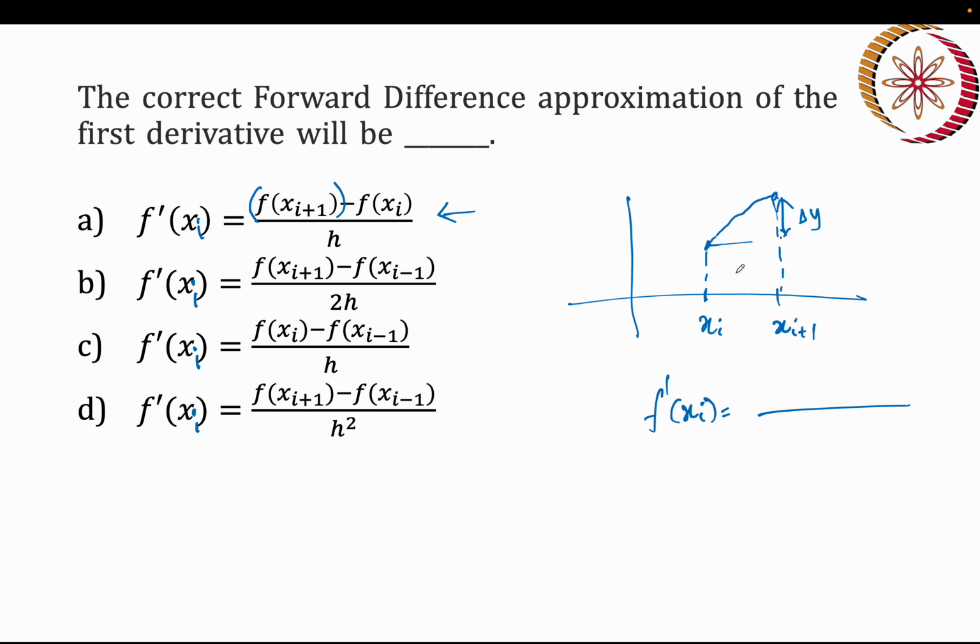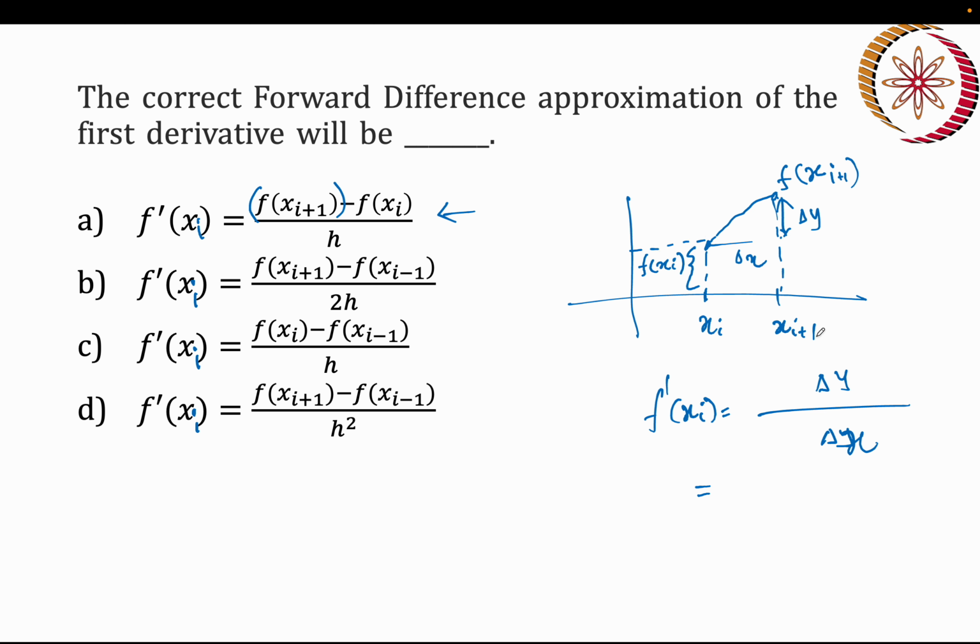This is the first forward difference approximation, and if we find the delta y, the function value here is f of x at i plus 1, and at this location it is f of xi.